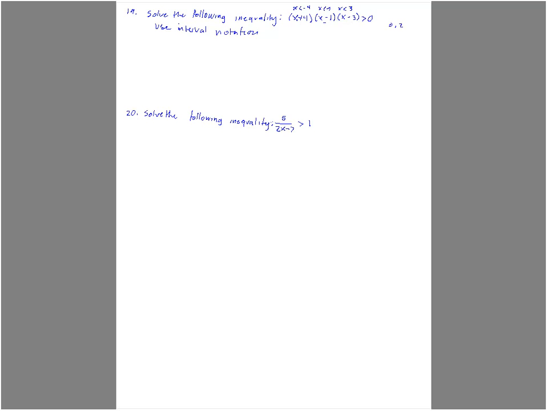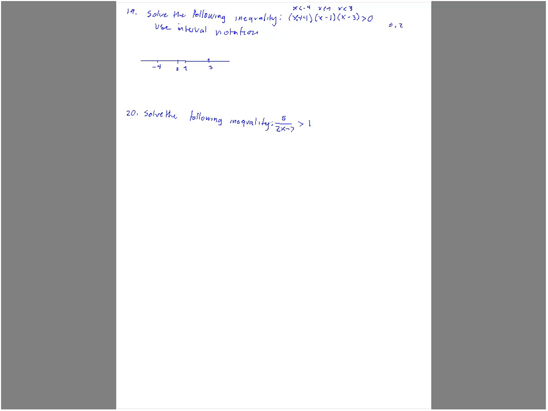So if we go ahead and create a little number line here, go ahead and put down -4. And it's also when x is less than 1, not -1, +1. And also when x is less than 3. Go ahead and add the 0 just for reference.